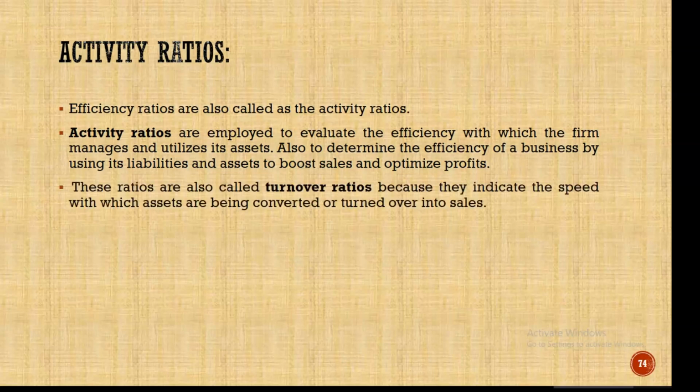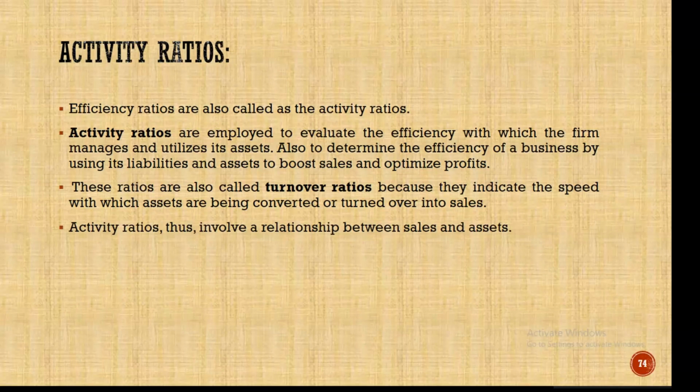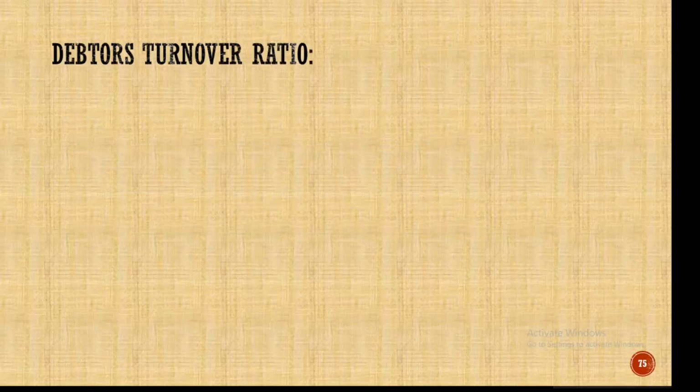These ratios are also called turnover ratios because they indicate the speed with which assets are being converted or turned over into sales. Activity ratios thus involve a relationship between sales and assets.